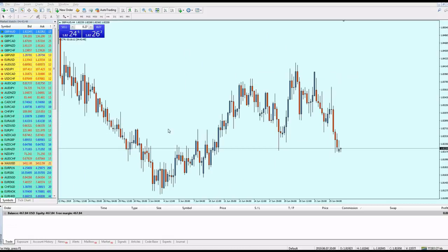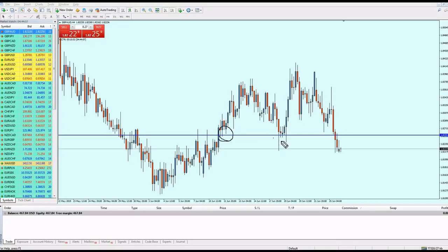Now on the 4-hour chart, we can see that we have here a resistance level, just like that. Let me just be accurate as much as possible, like that. Yes, fantastic. So what we can see here is we had a support level, and this support has been broken out.